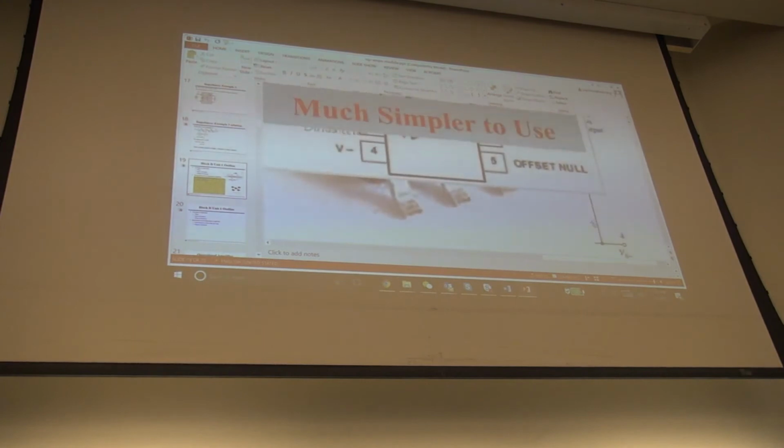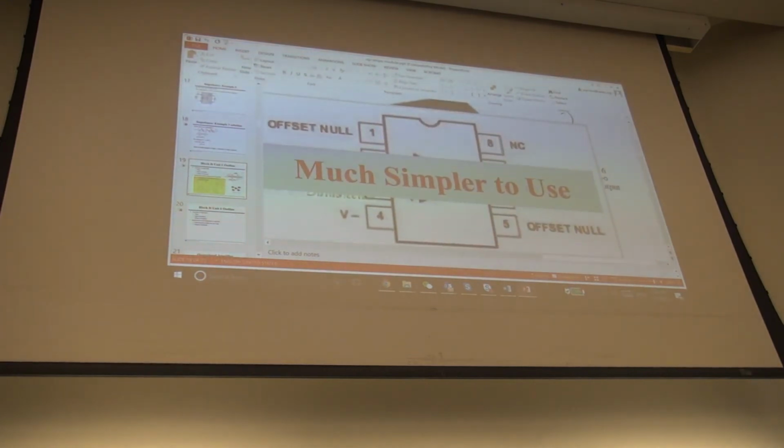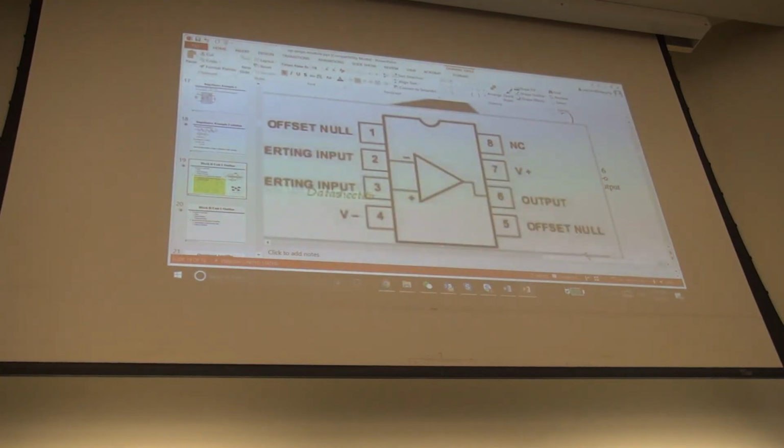Is this better? Can you see it more clearly?